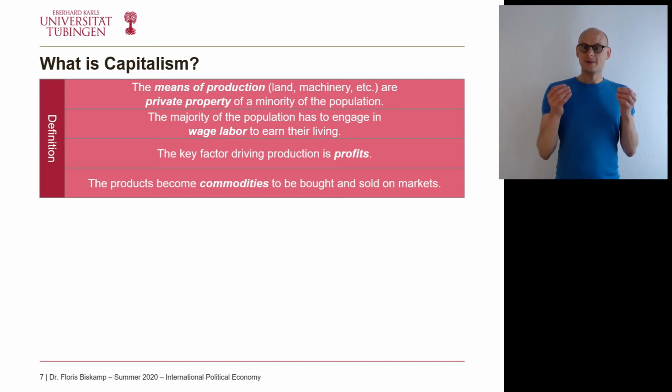Third thing is that the key driving factor for production is profits. So when in a subsistence economy someone produces, let's say, bananas, they don't produce bananas because they want to make money from bananas, they produce bananas because they want bananas.